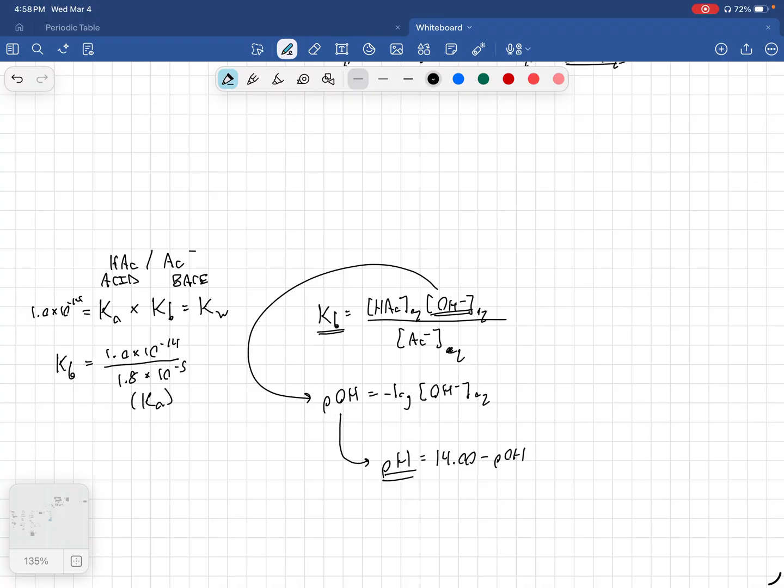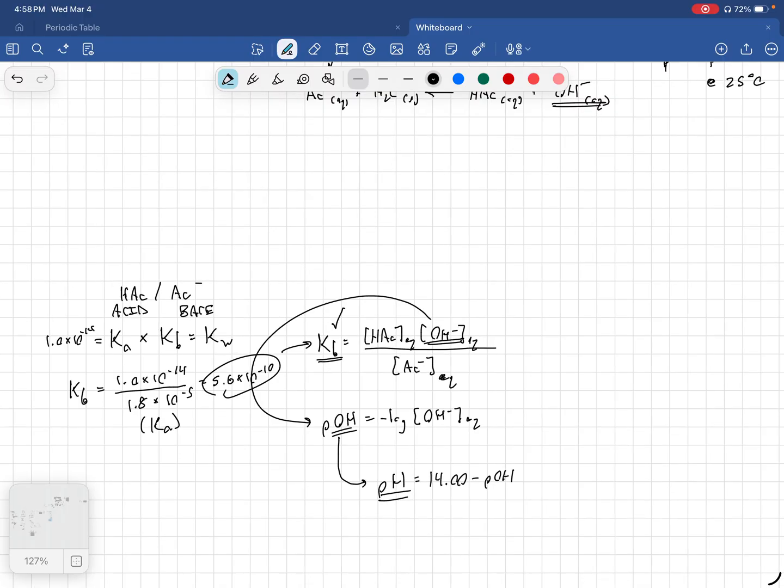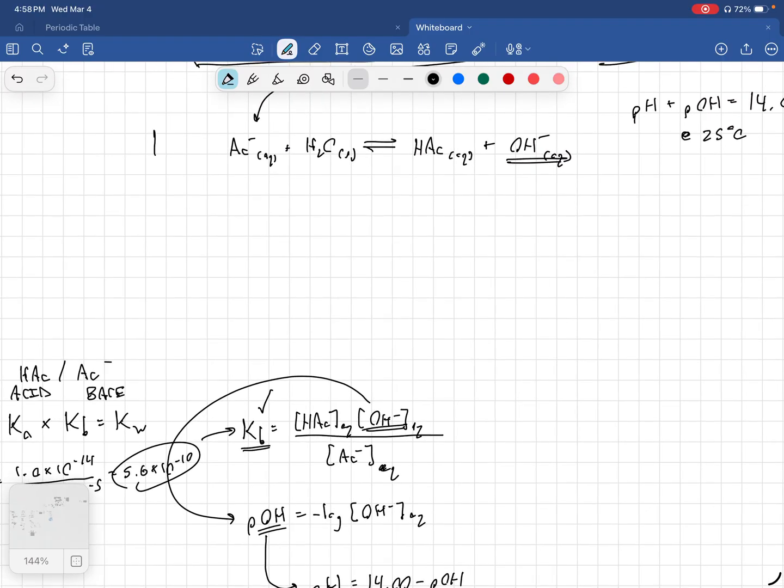That gives us 1 exponent negative 14 divided by 1.8 exponent negative 5, and we get 5.6 times 10 to the negative 10th. So we've got our Kb now. We also know how to get our pH from our pOH. So now we can do the Kb ICE table problem.